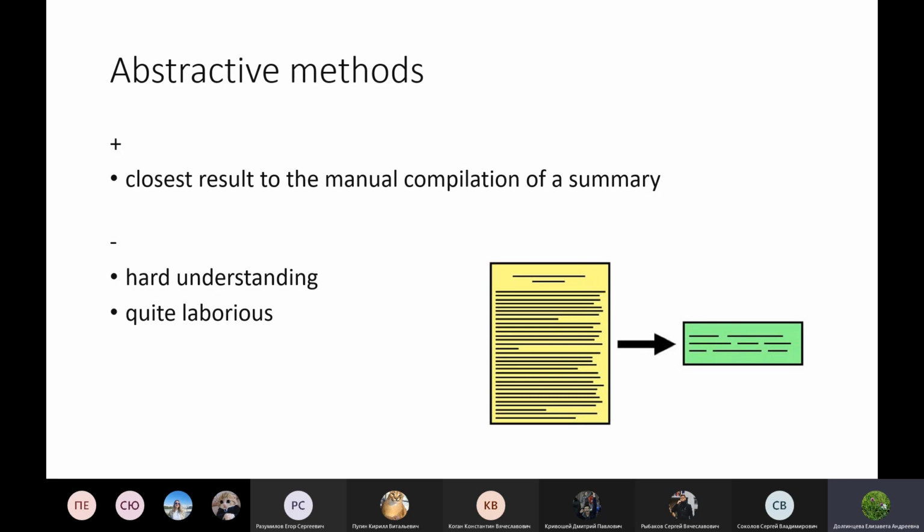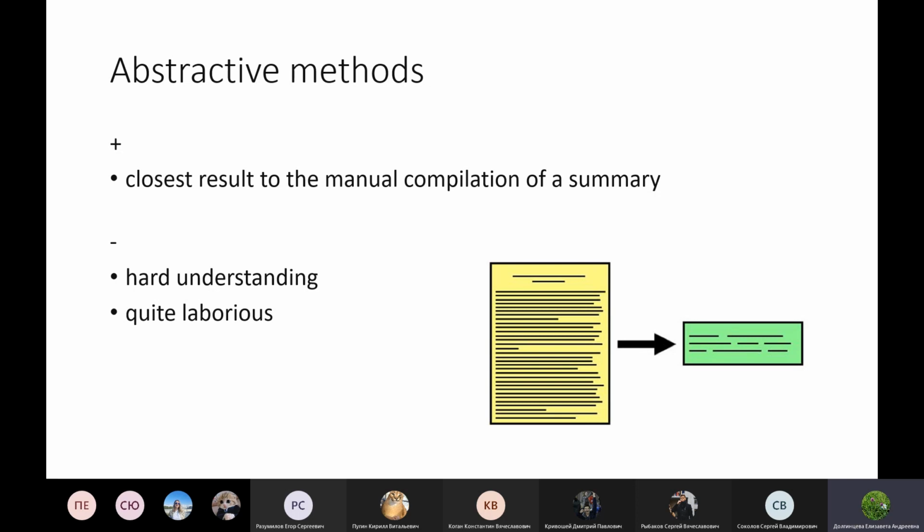But despite the fact that at the moment abstractive algorithms are poorly developed at a certain level of output quality, and can only be used to generate small summaries, I think it is neural network methods that in the future are able to form content for absolutely any size of text. And most importantly, the content itself will be as close as possible to the manual compilation of the summary.